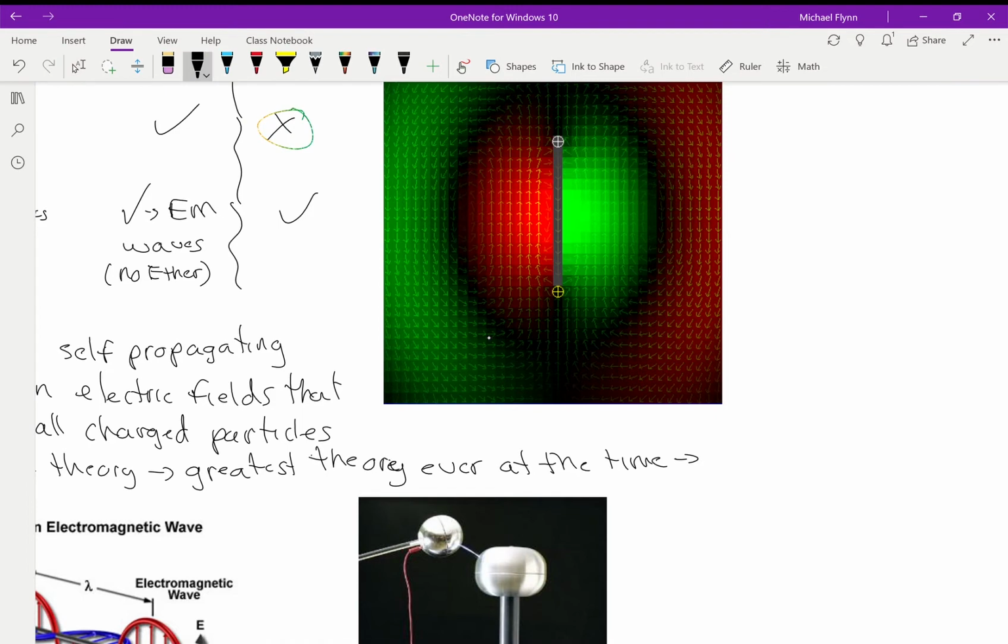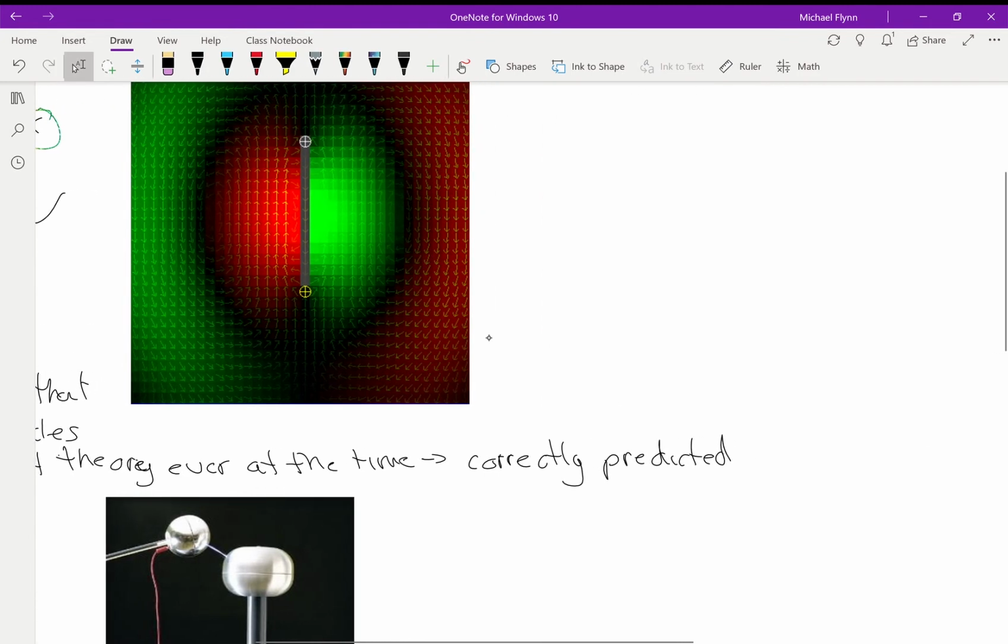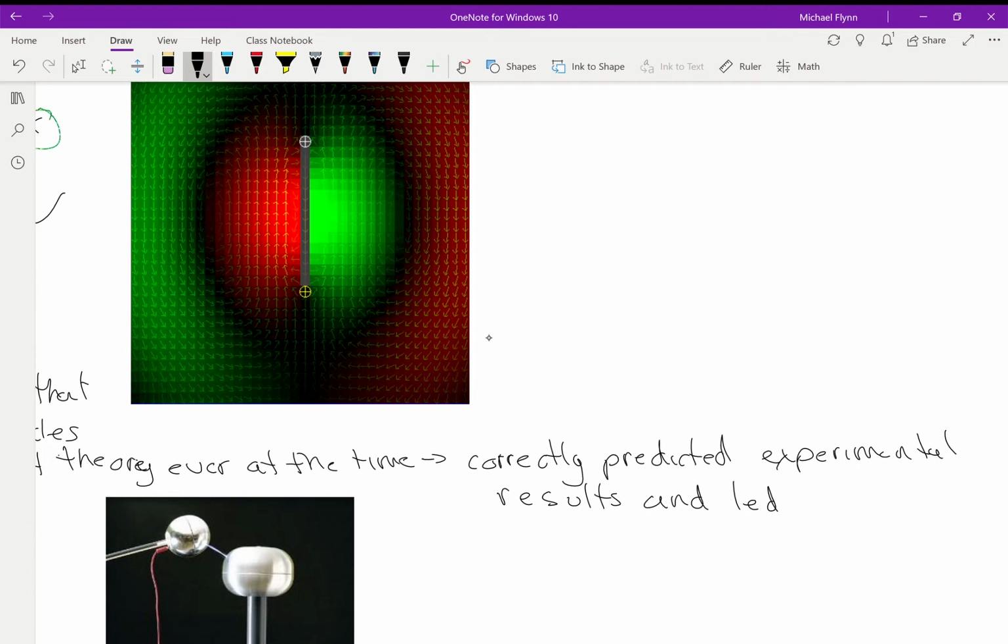And I'm just going to say why: it correctly predicted experimental results in countless experiments. And led directly to the modern age in the hands of engineers, right?